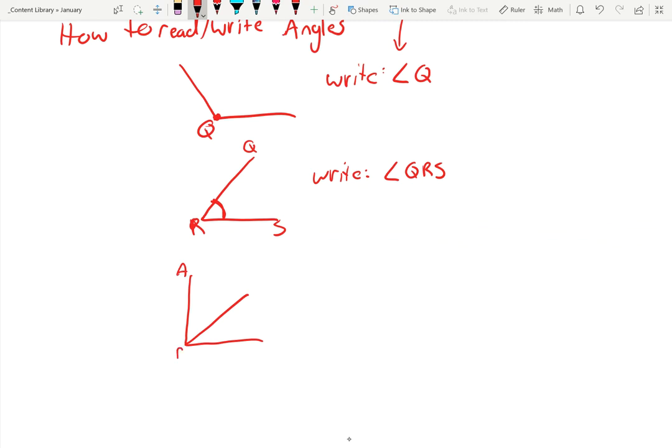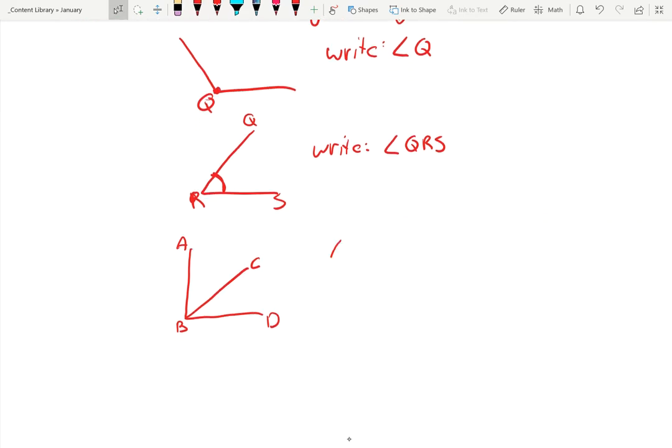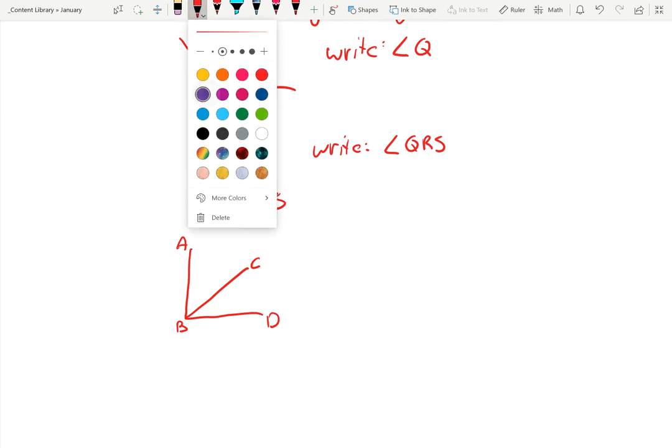Let's call this one A, B, C, D. If I just said angle B, you don't really know what I'm talking about, because am I talking about the entire angle? Am I talking about the angle as part of this wedge or this wedge? It's hard to say. So that's why we have to be more specific with these 3 letters to indicate which particular angle I am talking about.